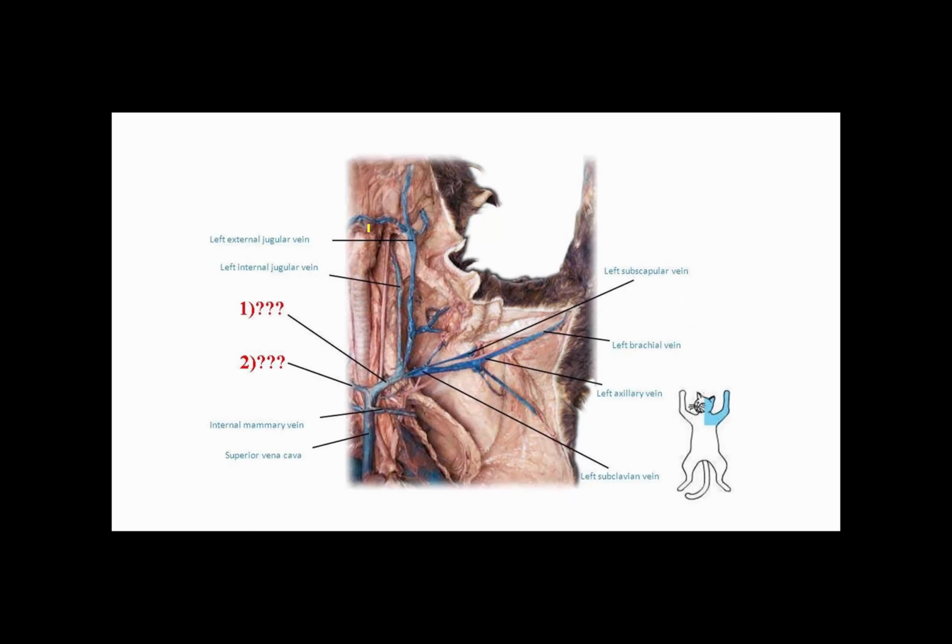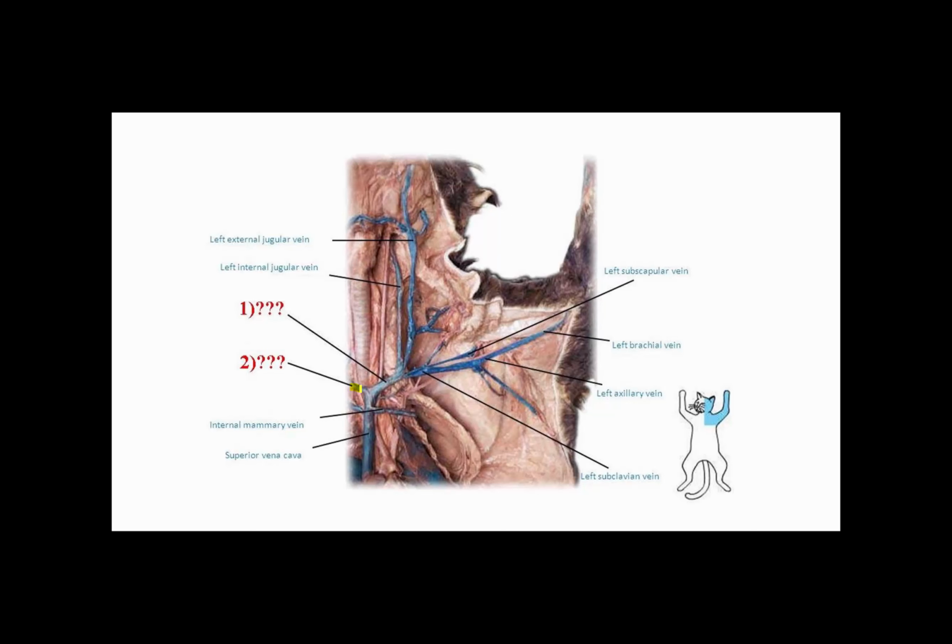So here it is again. And in this picture, I have more of the veins labeled for you. And when you take your next lab exam, I will have these pictures of the cat, and I will basically point to a vessel and ask you to identify it. So for number 1, you would say left brachiocephalic vein.